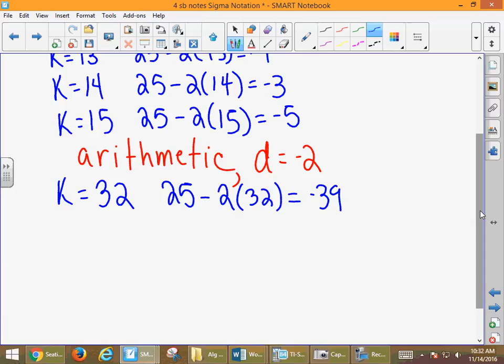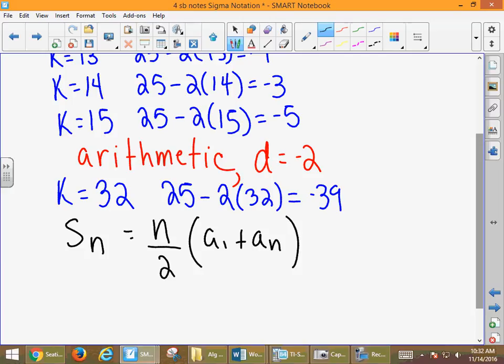Now we've got our formulas that we need, and eventually we need to fill in our sum formula, because that's what sigma stands for. Sum, and it's n divided by 2 times a1 plus an.